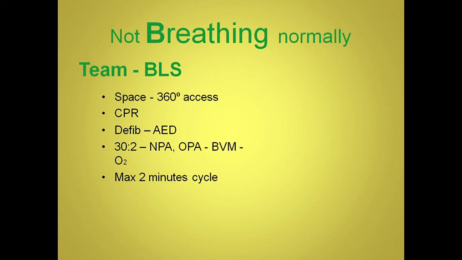Whoever's doing those chest compressions will do a maximum of a 2-minute cycle. So in timing with the AED, every time the AED reanalyzes, whoever's doing chest compressions will swap over so somebody fresh starts the new cycle. And don't forget to make room for advanced life support to take place.